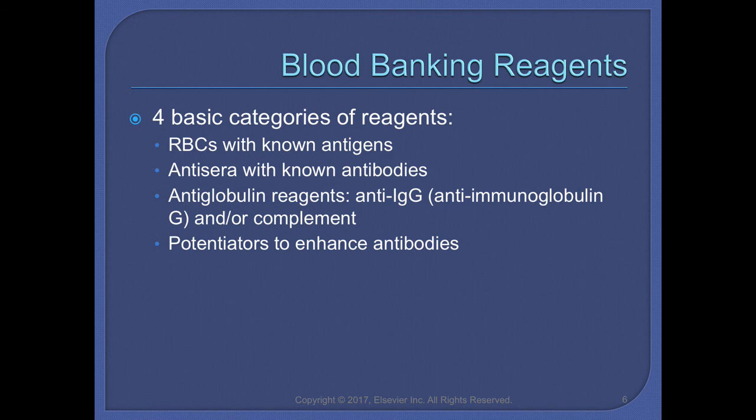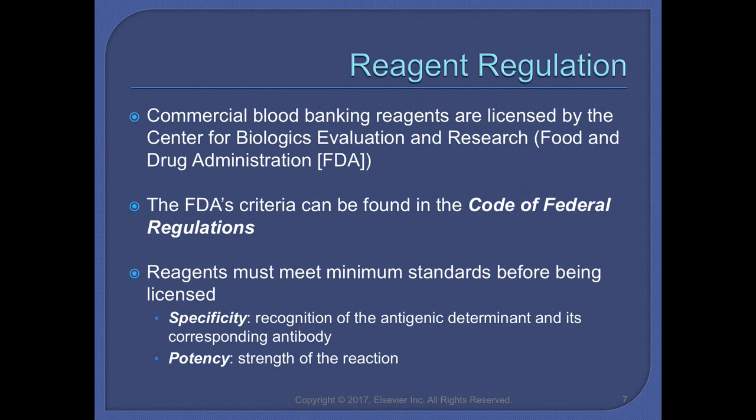Sometimes, or in some literature you'll read, they are referred to as the anti-immunoglobulin reagent or the anti-immunoglobulin G and or complement. So these are the components that are in the anti-globulin reagents. We also in blood bank use potentiator reagents, or reagents that will enhance certain reactions with the antibodies. So let's explore all of that.